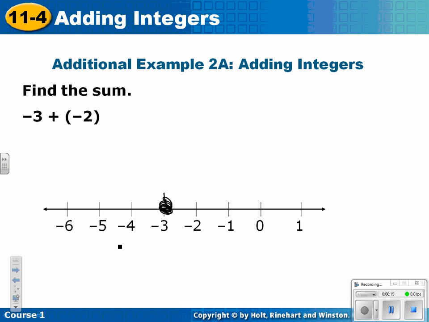Plus a minus says I need to move to the left, and I move to the left 2 of them. 1, 2, that's where I end up. So my answer is -5. So use the cheat sheet, use the number line. It's going to help. Believe me.